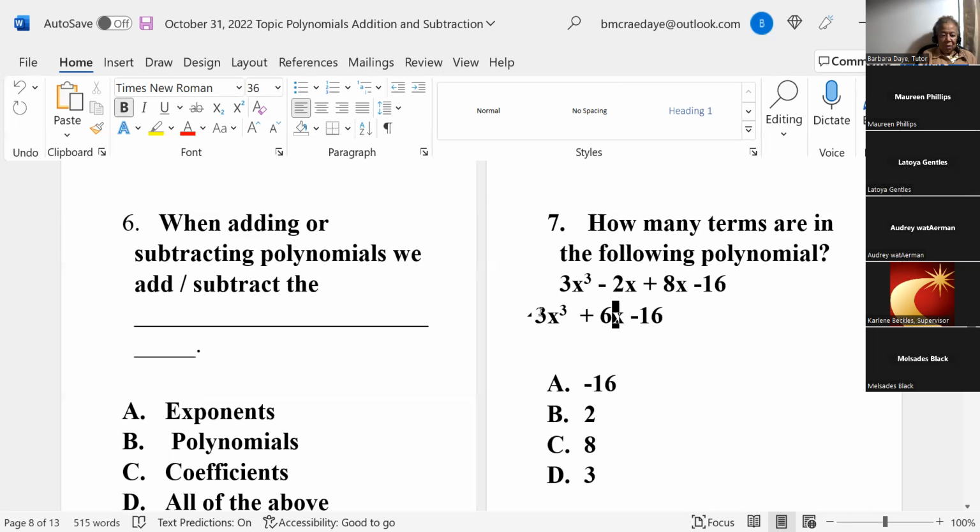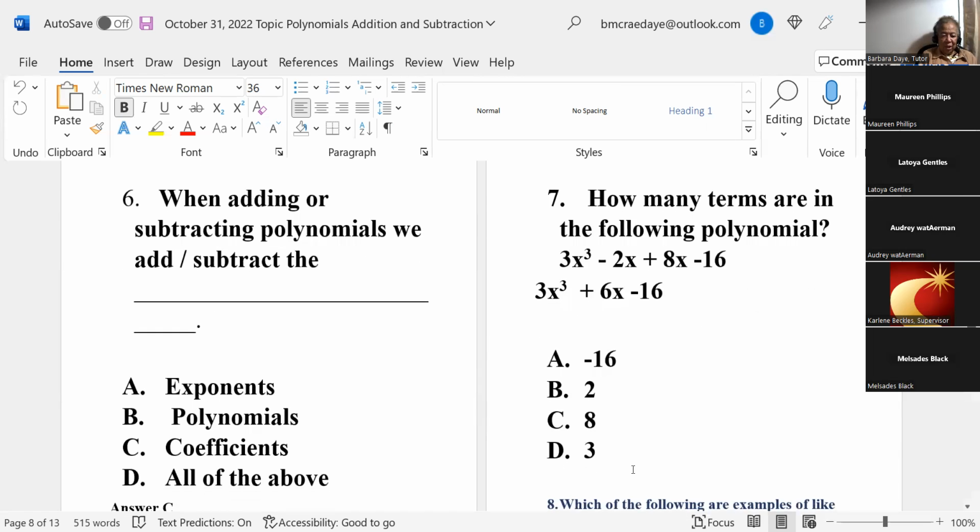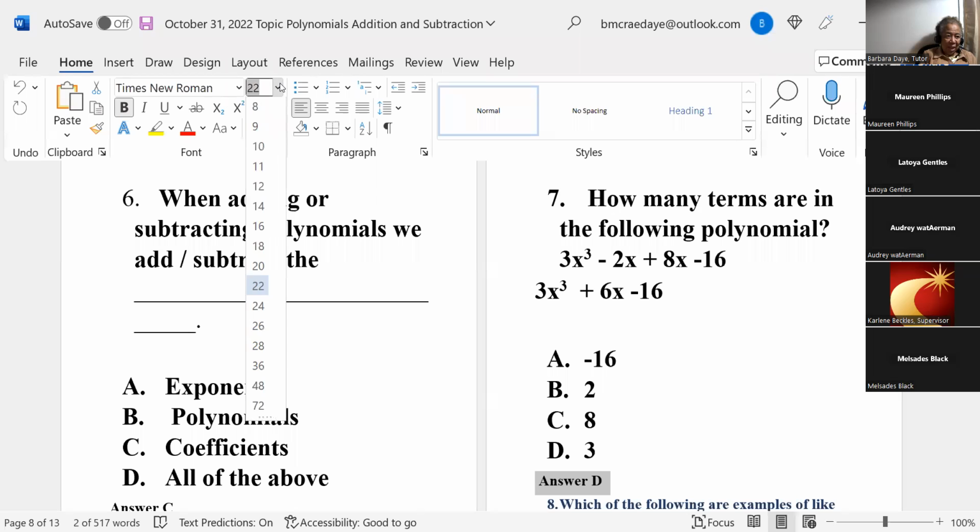3. So the answer is D. Everybody follow? So you have to work them all to get the terms, right? That's right, because you've got the x's that can be combined. You don't leave them like that.